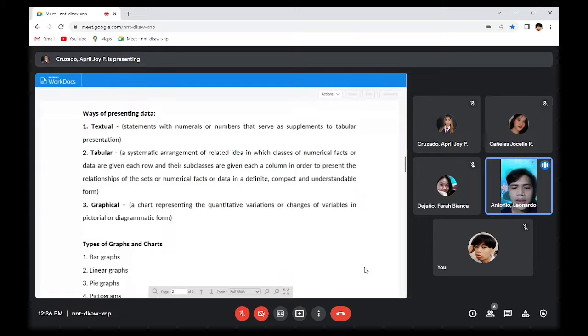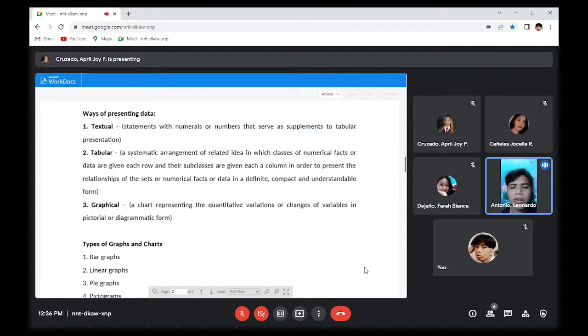A textual presentation is a vague and raw format of the data. The data is mentioned in the text form, which is usually written in paragraph. The textual presentation of data is used when the data is not large and can be easily comprehended by the reader just when he reads the paragraph.